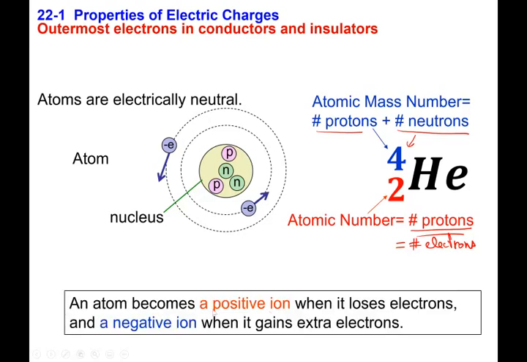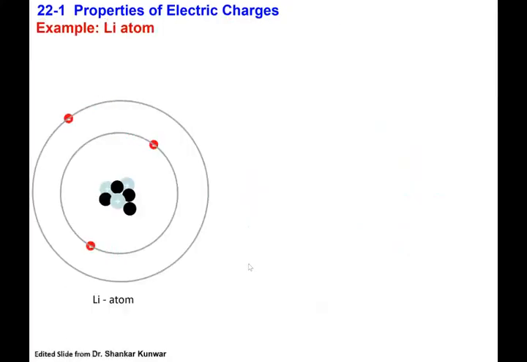An atom becomes a positive ion when it loses an electron, and a negative ion when it gains an extra electron. We use a plus or a minus to indicate this, depending on the material, and it can be 2 minus and so on. That's how we indicate the element is an ion, not a neutral atom.